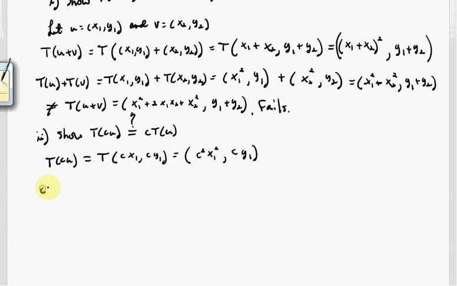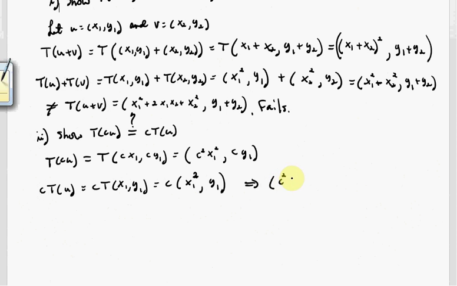Now what about c times T of u? This is c times T of (x sub 1, y sub 1). This is c times, the first term squared, comma, the second term. Right? You see that they're not the same? T of cu is not the same thing as c T of u. Look here.